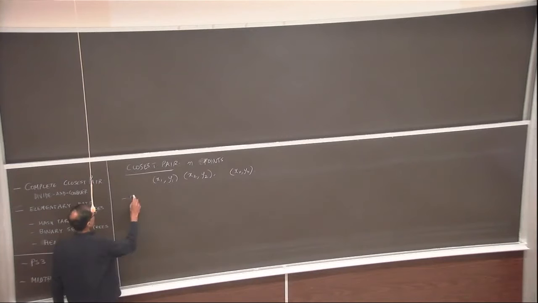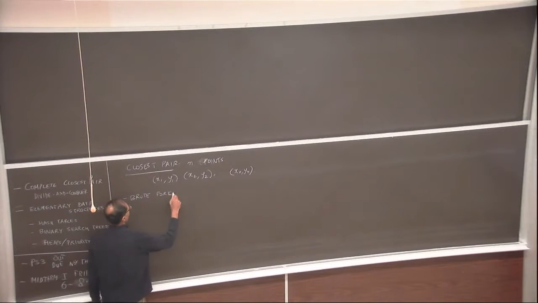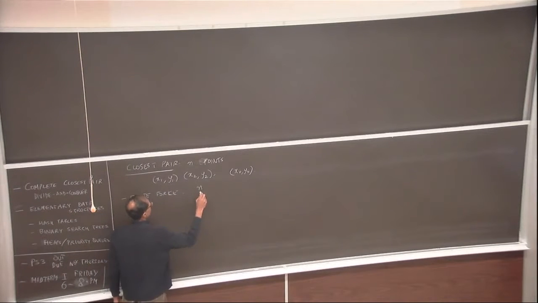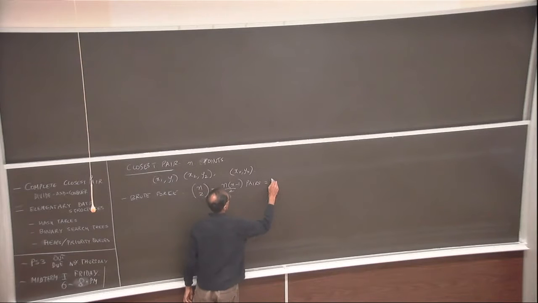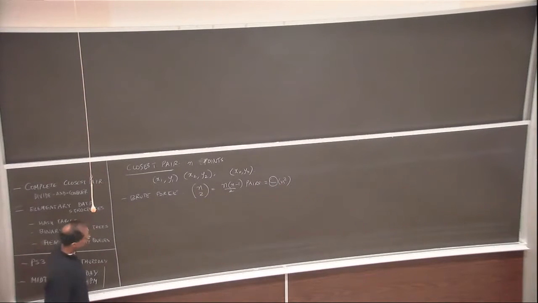We observe that if you do brute force, you need to check n choose 2, which equals n times n minus 1 over 2. So this is a theta n squared time algorithm. And our question was, can we do better than this?